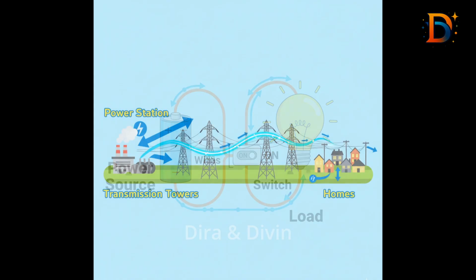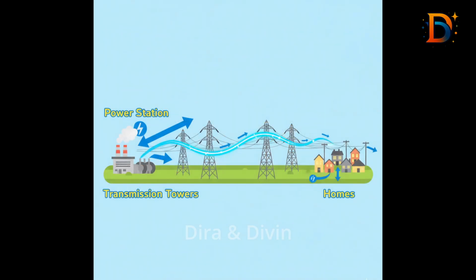How electricity reaches home. You might be wondering, how does all that electricity get to our homes to power our lights and TVs? It starts at a big place called a power station. This is where a lot of electricity is made.